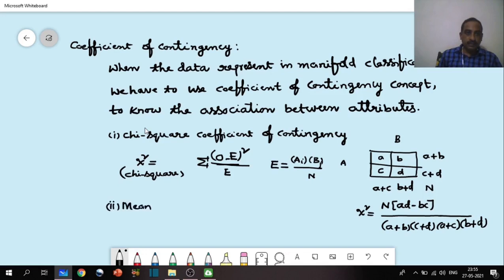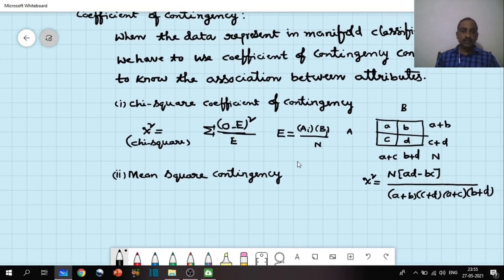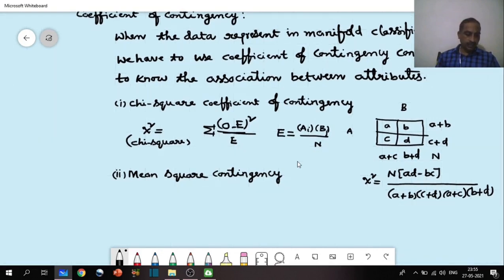We denote this by phi square, which equals chi-square by N. This is phi square, defined as chi-square by N.